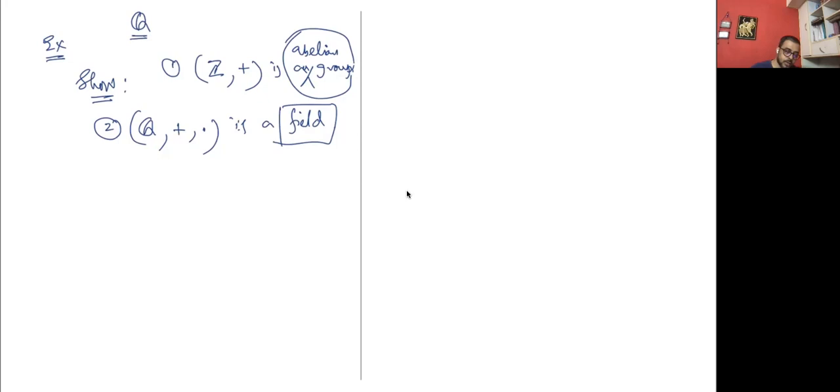So just verify that for this set of rationals, along with these 2 operations, that gives you a field. You have to verify that these are operations on Q, so you don't get out of Q when you perform these operations. That's number one. And then those properties would basically follow from the corresponding properties of the bigger set, the set of reals.